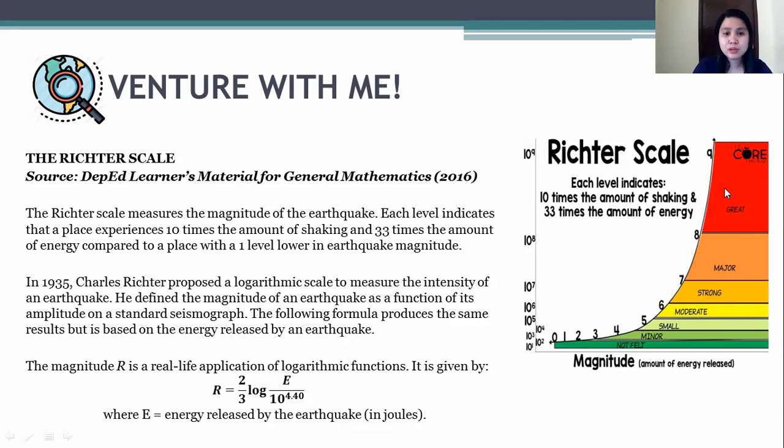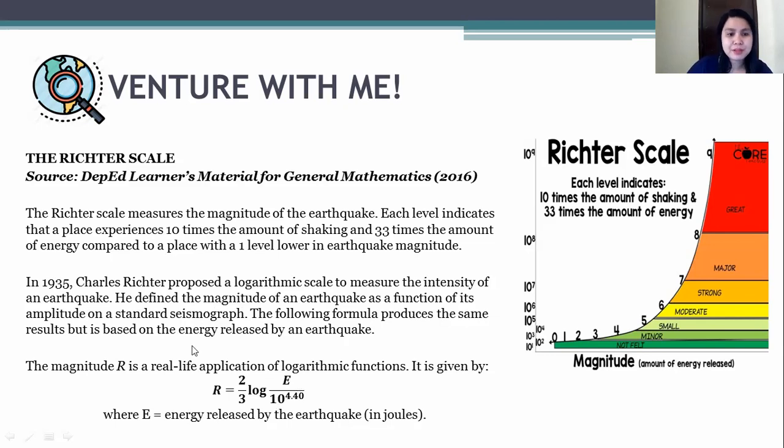But how do we solve for the magnitude using the Richter scale? Now, there is an instrument called a seismograph, which measures the magnitude of the earthquake. But if you ask me how the seismograph works, it's based on a logarithmic formula.